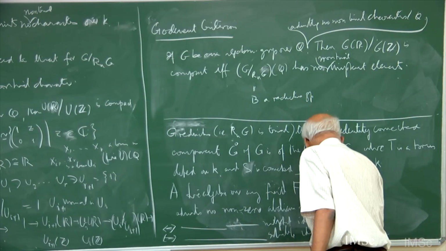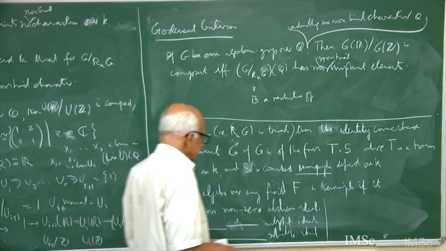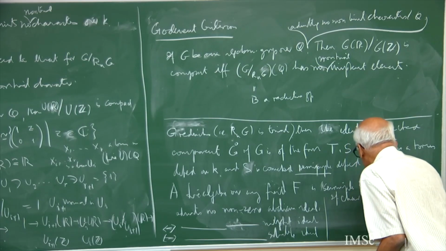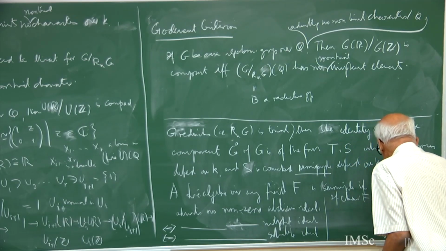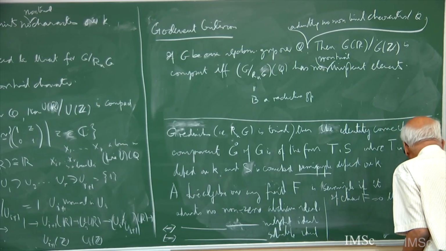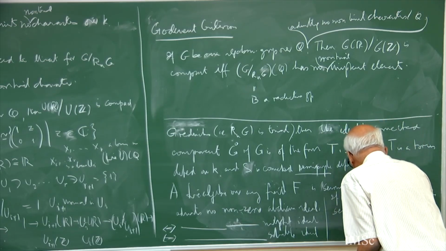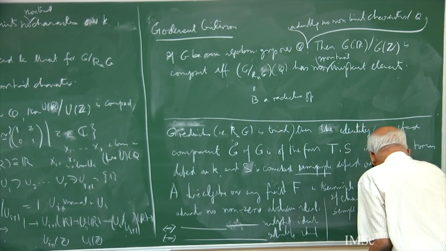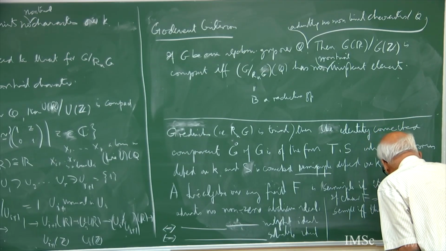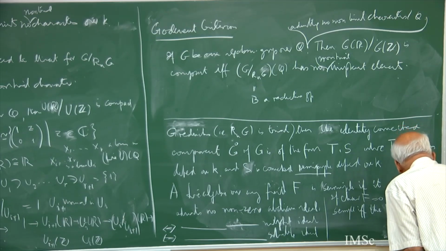But the most important theorem, which gives you a criterion for that and is valid only in characteristic 0, is this: if characteristic F equals 0, then a Lie algebra G is semisimple if and only if the trace form, presently called the Killing form, of G is non-degenerate.